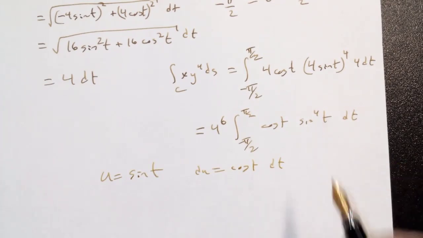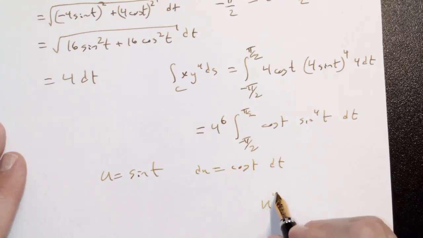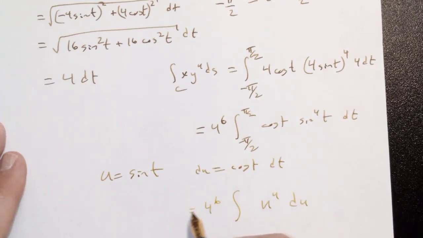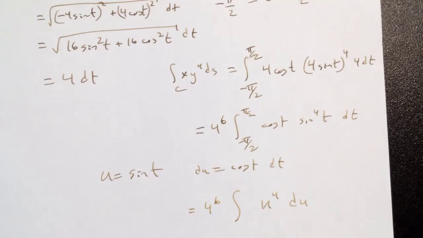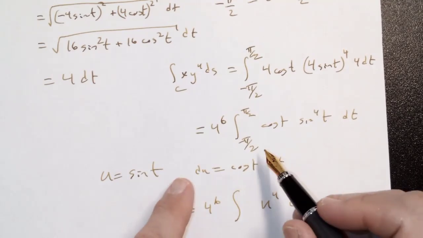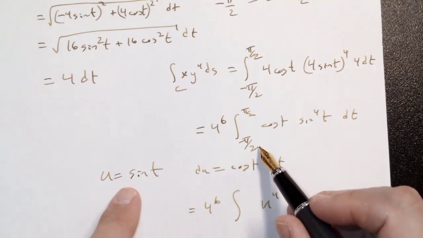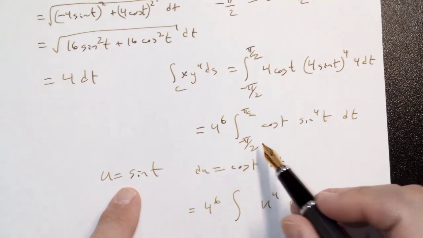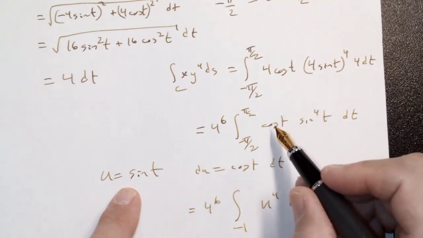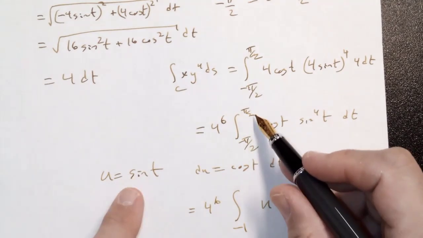So that's going to be u to the 4th du. Wait a minute. I need to do one other thing. I need to change the limits. What is sine of negative pi over 2? Sine of pi over 2?